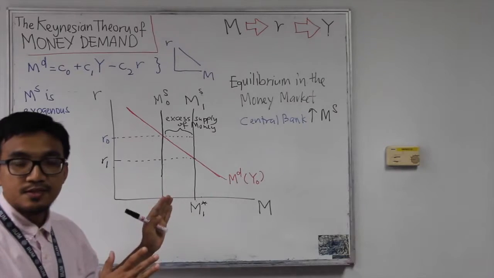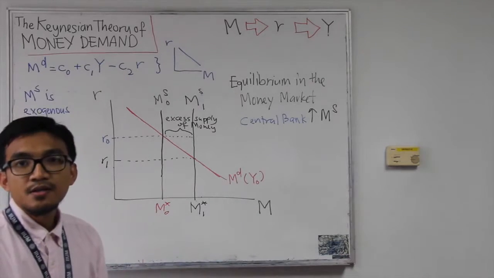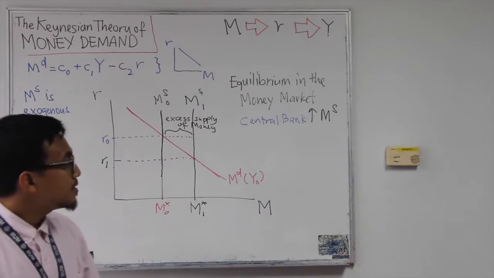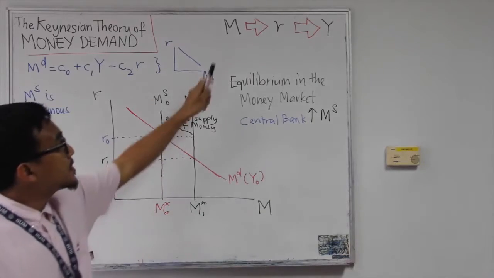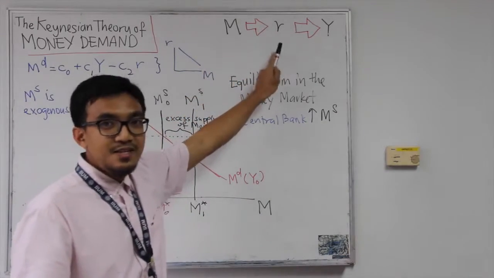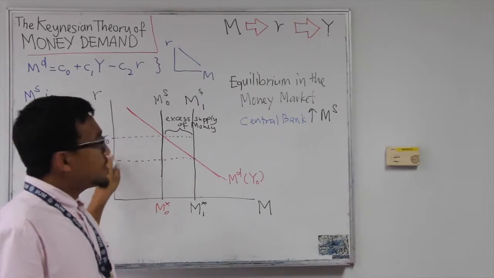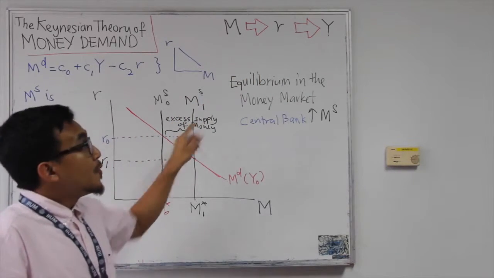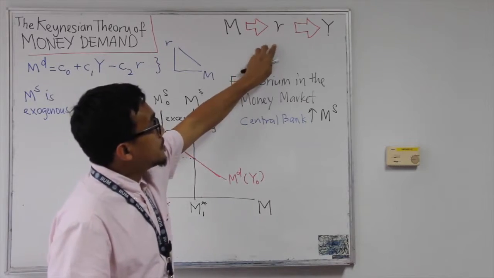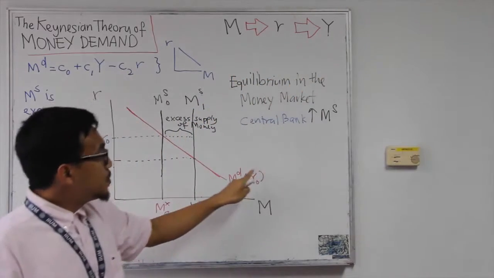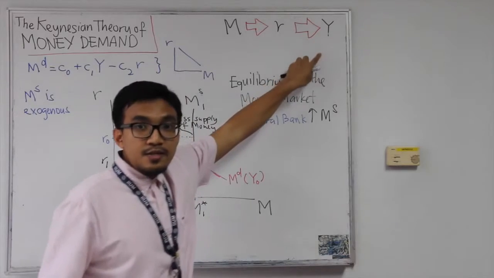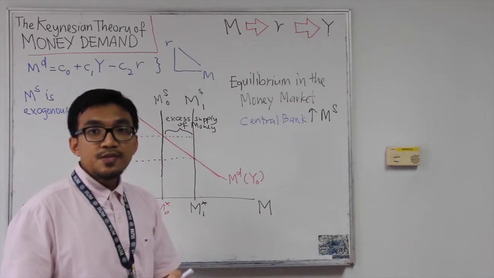So is this story complete? No. Why? Because from our previous discussion, when we look at all these links, we know that from this story, interest rate has gone down. When interest rate goes down, output will have to change. When interest rate goes down, investment will go up.